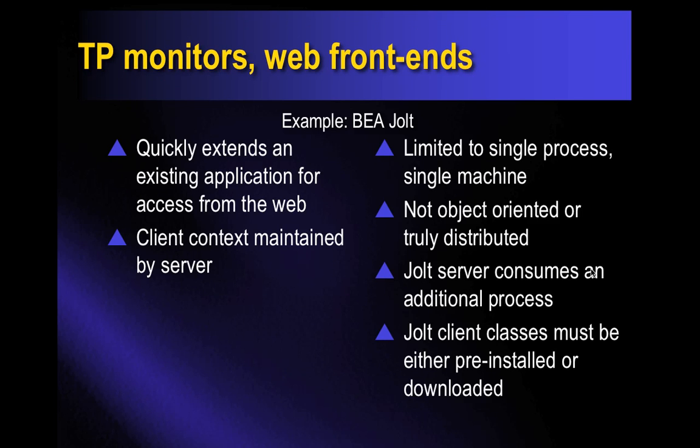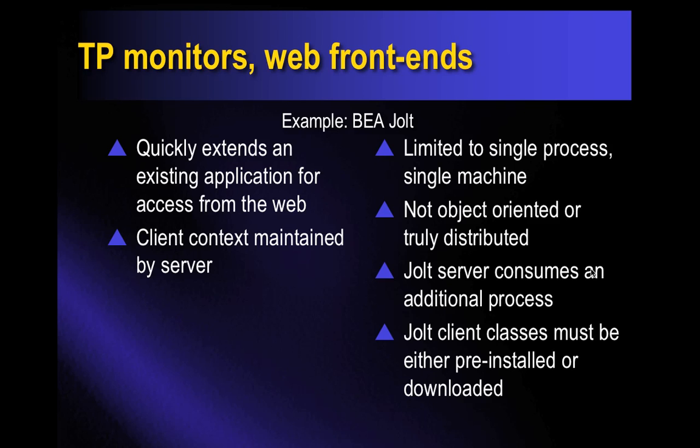In terms of transaction processing monitors from web front ends, what we're looking at is BEA Jolt. It quickly extends existing application access from the web and provides client context maintained by the server, but it is limited to single processes, single machines.